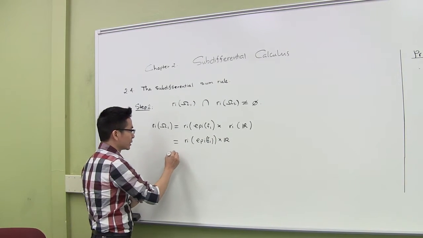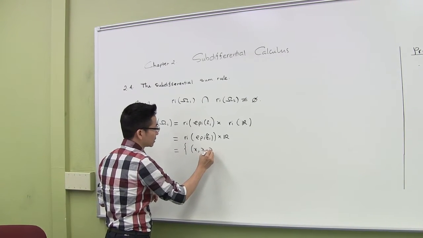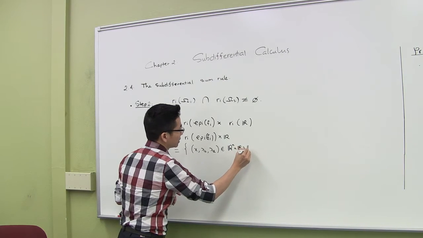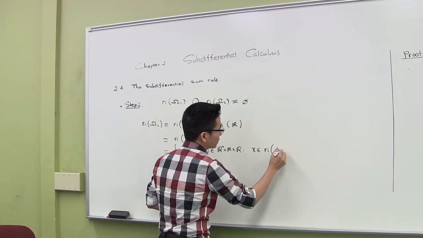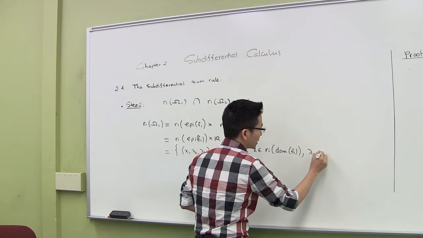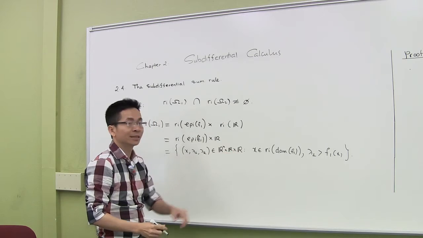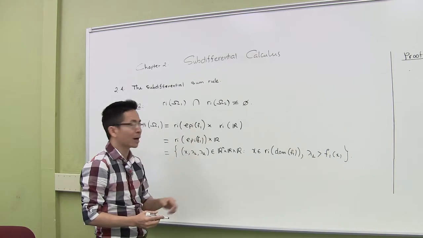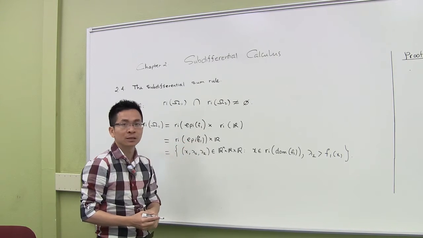Okay, now this one can be written as follows. This is the set of all x, lambda 1, lambda 2 in Rn times R such that x is in the relative interior of the domain of f1 and lambda 1 is strictly greater than f1 of x, and here lambda 2 is arbitrary in R. So we obtain this formula because we already talked about the representation of the relative interior of the epigraph of a convex function presented earlier.